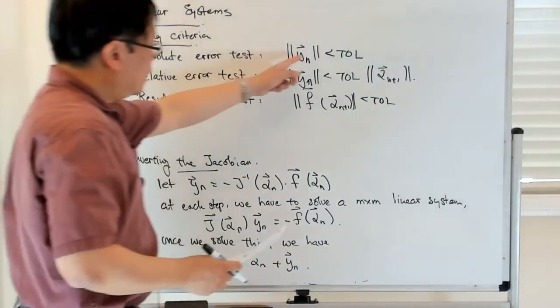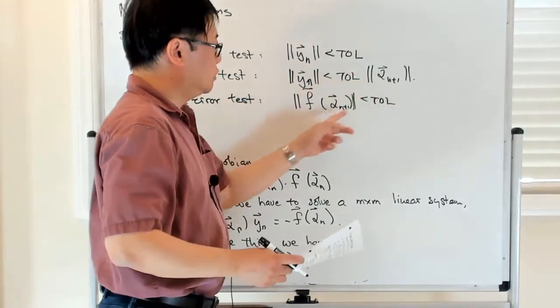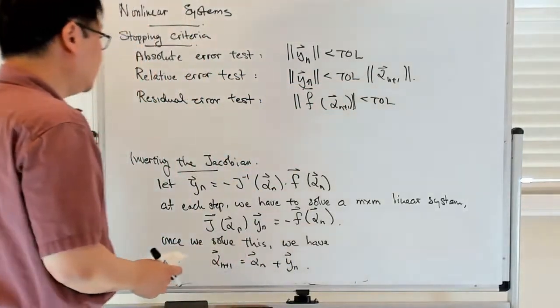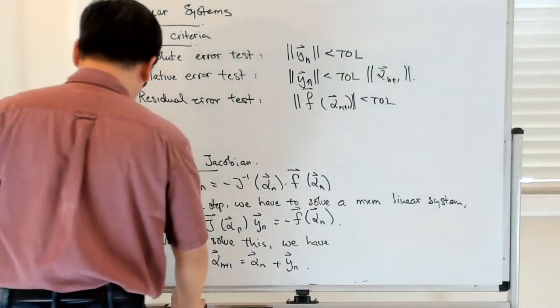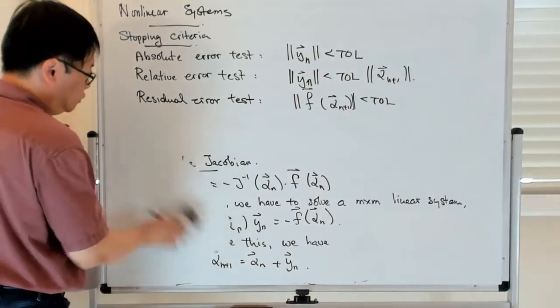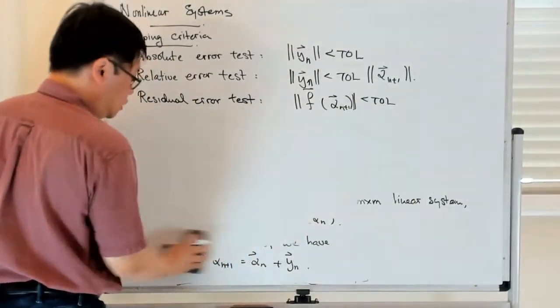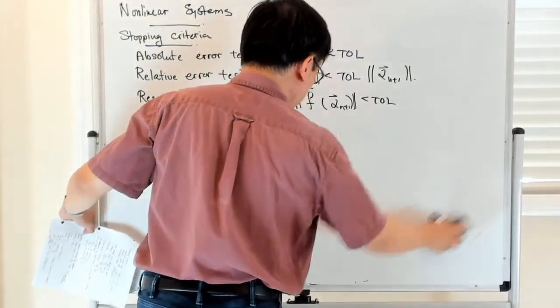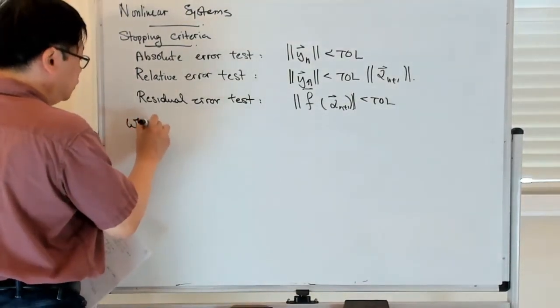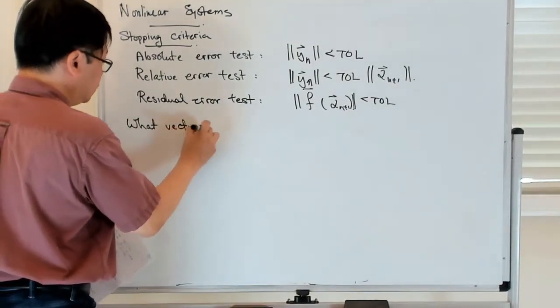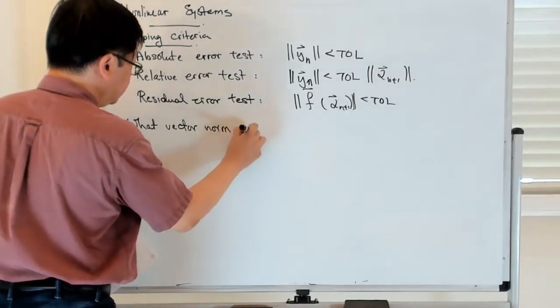And you'll see that in all these things, there's some norm which you're using. And of course, you have choices as to what norm you use. There are various types of vector norms. So what vector norm to use?